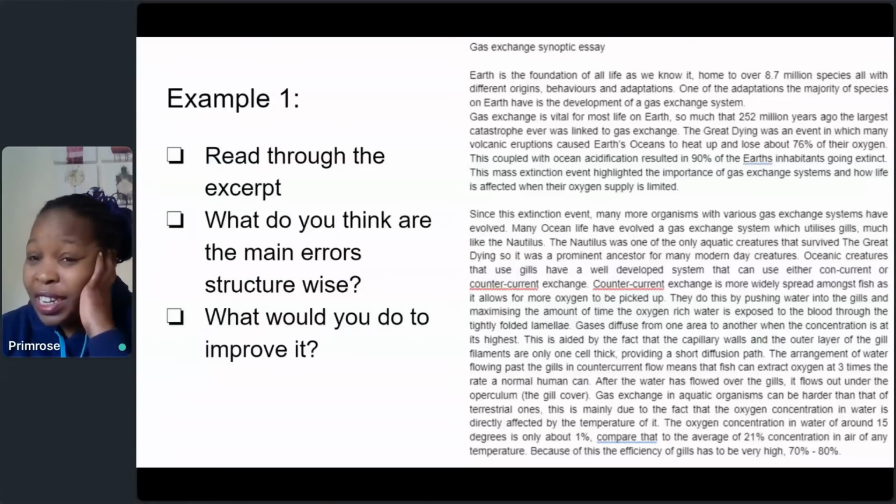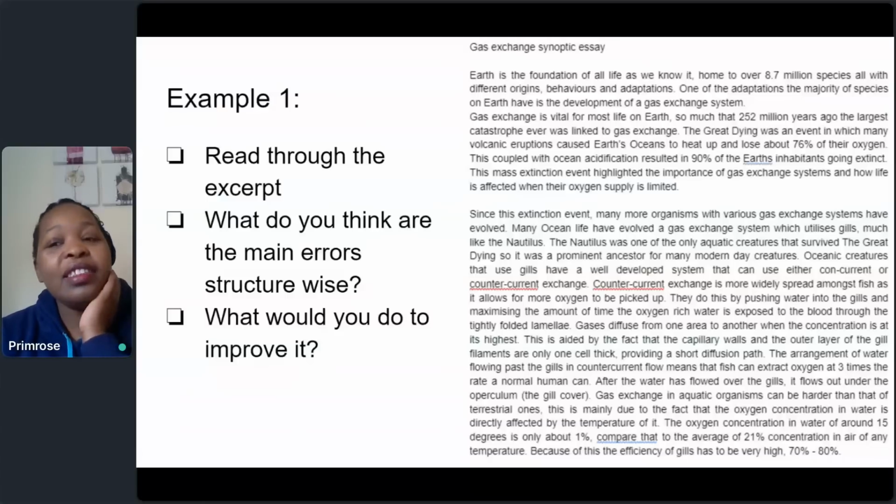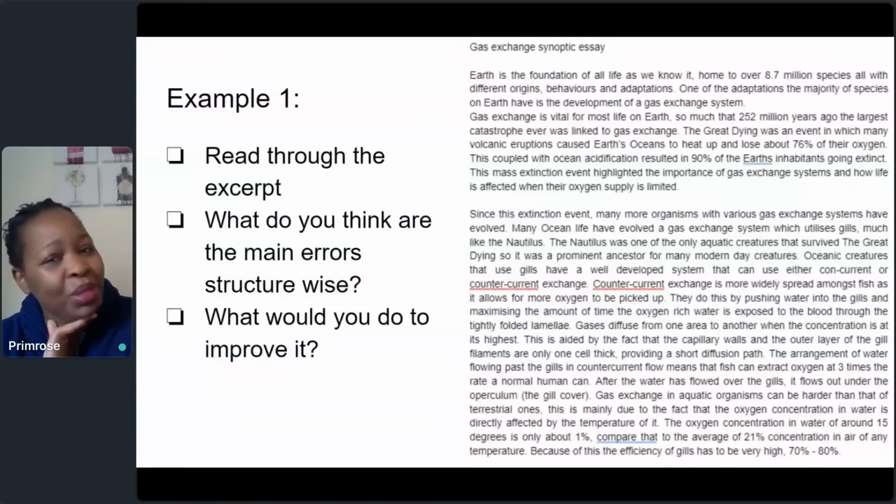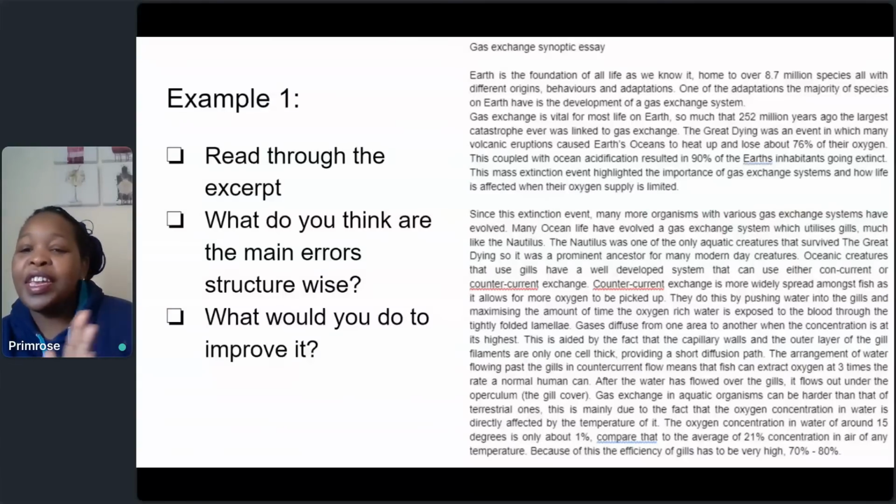In fact, it reads a bit like a book, doesn't it? I would say it reads a bit like a story. This question is about evolution of gas exchange systems. It's a bit more a history essay than it is a science essay.